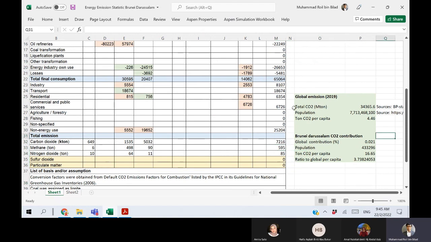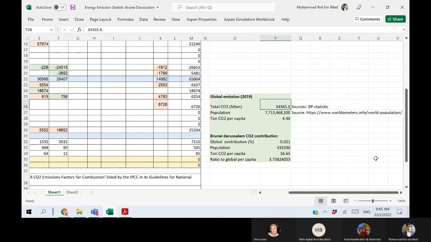So I found the information from BP statistics. This is the total global CO2 emission in 2019. It's around 34,000 million tons, so it's gigatons. I also checked the 2019 global population, 7.7 billion.